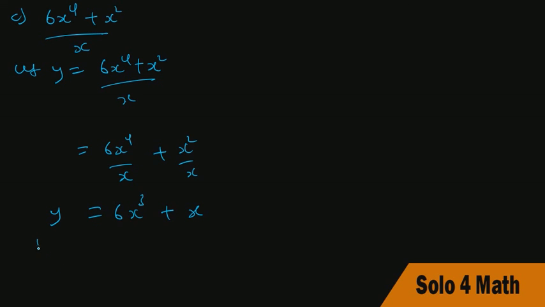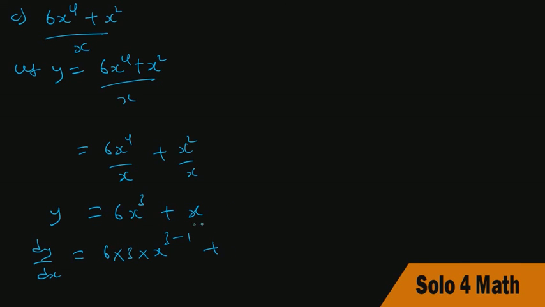So dy dx will be equal to, the power goes down, so times 3 times x to power 3 minus 1, plus, we say this one is x to power 1, so the 1 drops, and when we reduce by 1 it becomes x power 0, which gives us a 1.